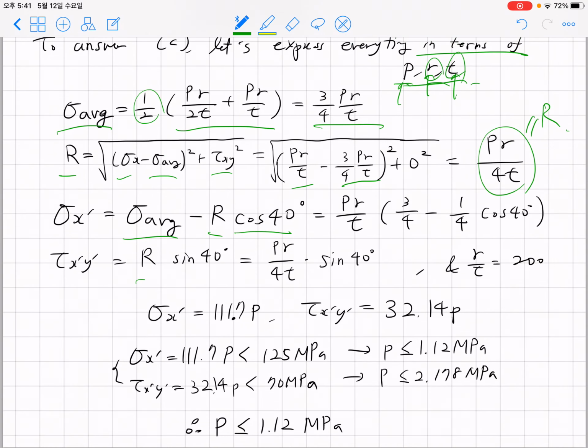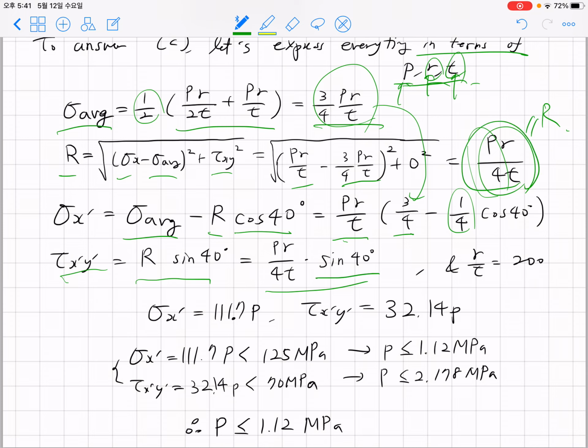Okay, so you plug in the numbers, and it gives us PR over T times 3 over 4, which is obtained from here, and R is 1 over 4 PR over T, and we have cosine 40 degrees. And about tau x prime y prime, we have PR over 4T, which is the radius, multiplied by sine 40 degrees.